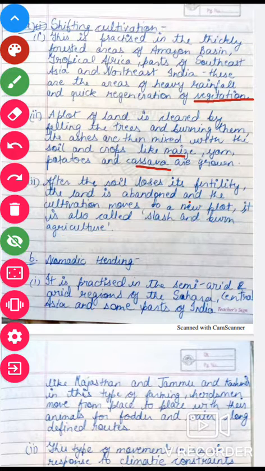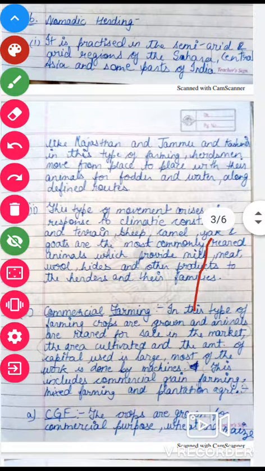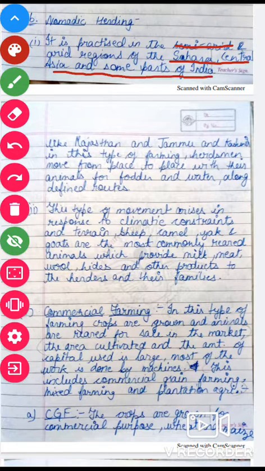Moving on to nomadic herding. The first point can be: it is practiced in semi-arid and arid regions, in the Sahara. Also remember these areas; you can write them and gain extra marks: Rajasthan, Jammu and Kashmir.